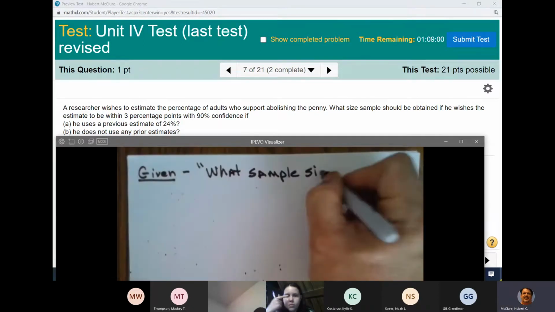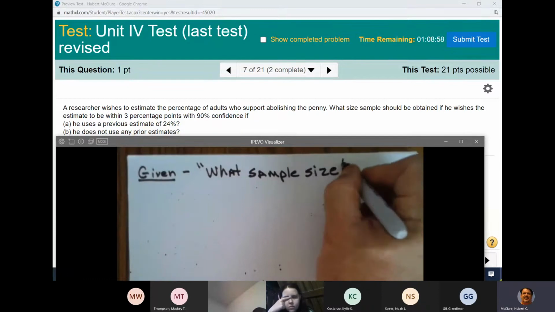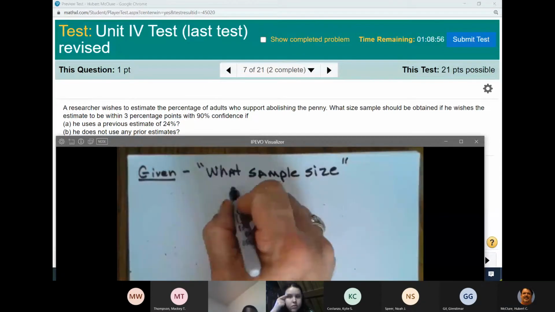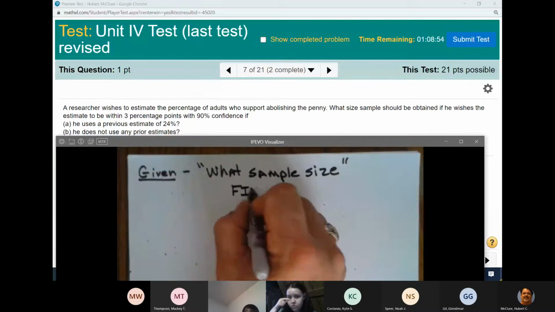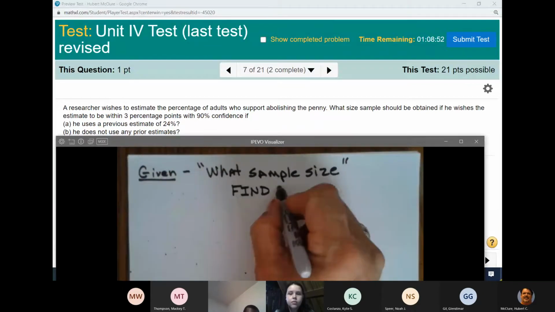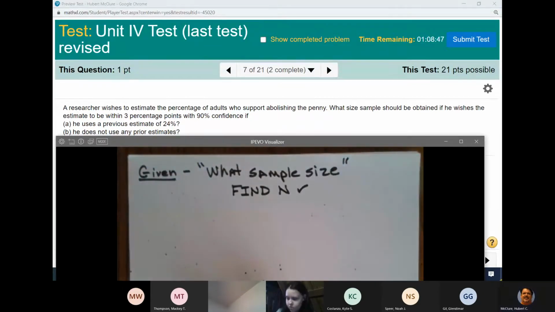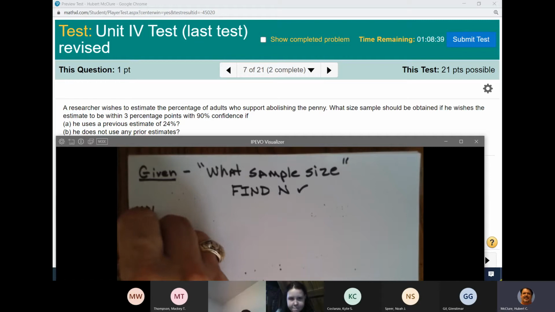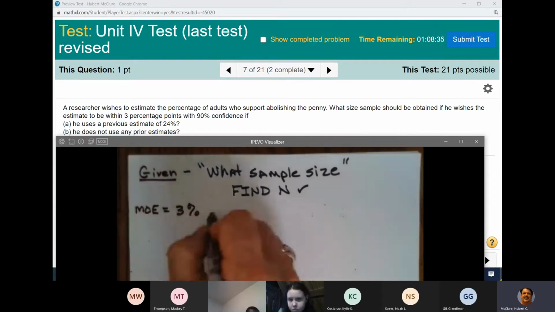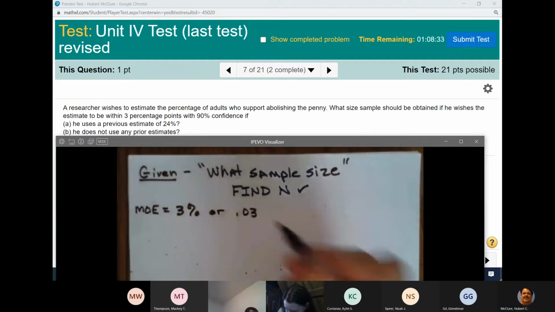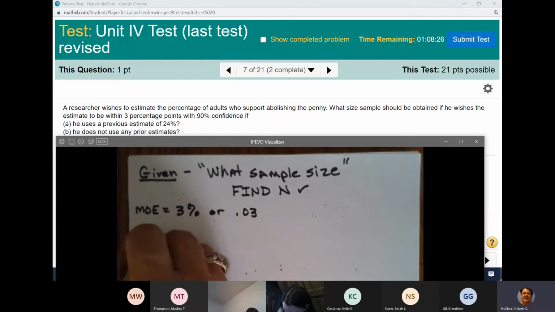Y'all know what that means? That means find N. Okay, margin of error is given, 3% or 0.03. 90% confidence level is given.